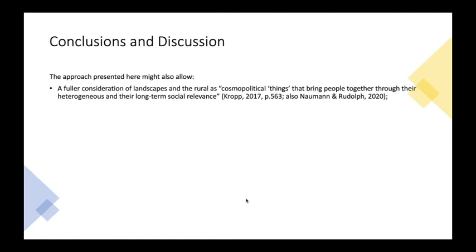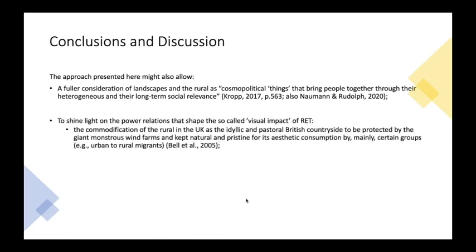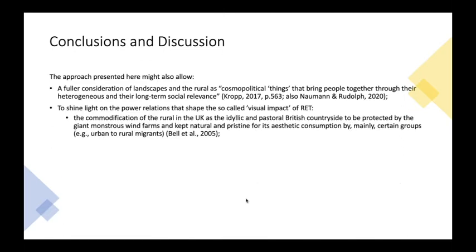But I think the most important part of this reflection is really reflecting about these three dimensions to think about the visual impact of renewable energy technologies and what they might allow us to do. So thinking about those interrelations. And I think that one of the most important aspects is really that this might also help us to further shine light on the power relations that shape the so-called visual impact of renewable energy technologies.